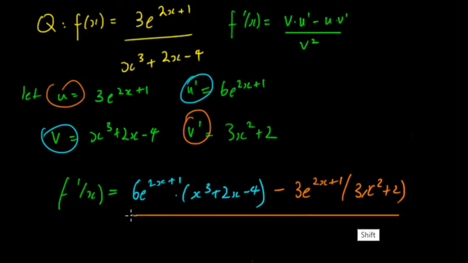And this is all divided by v squared, so that is x cubed plus 2x minus 4 squared.